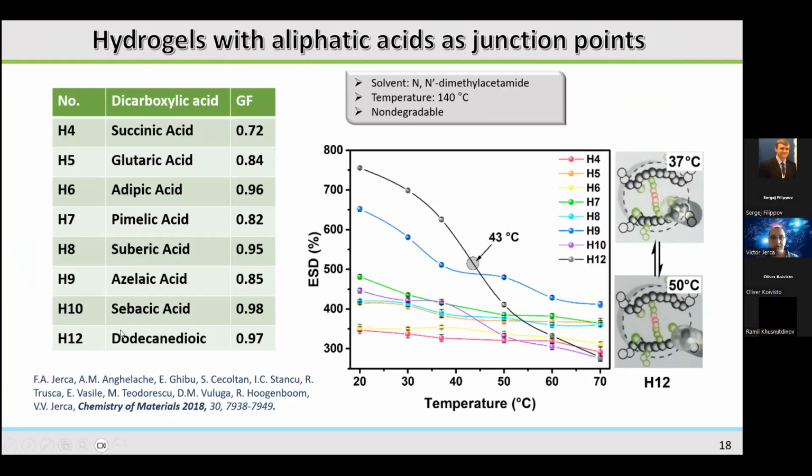Also, when the hydrophobicity of the cross-linker is increased, we can gain access to hydrogels that show a volume phase transition temperature which is broader than in the cases where you directly use a thermoresponsive polymer such as polyNIPAM or another thermoresponsive polymer.